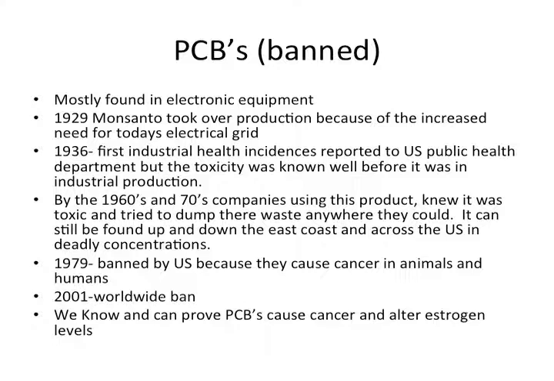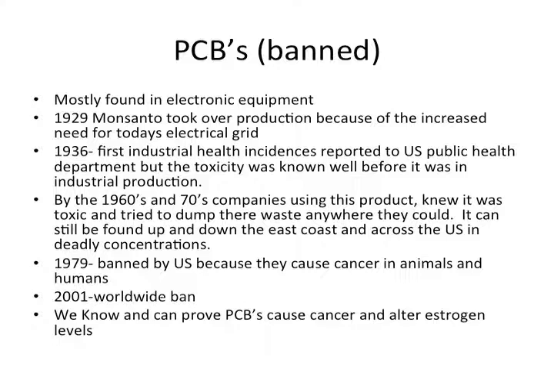And by 1936, there were some industrial accidents where it caused a lot of problems for those workers that were working in the factories. And that was kind of the first written reports going to the government saying, hey, we have a real problem on our hands with this chemical.